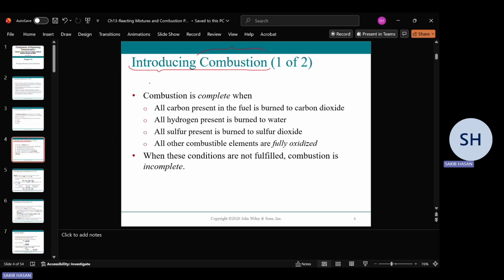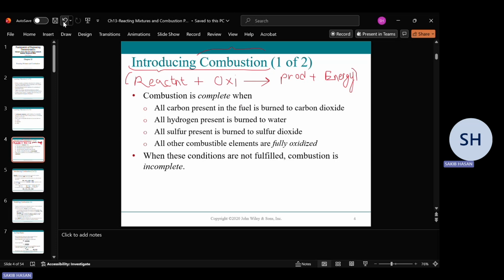Combustion is any chemical reaction where you have a reactant plus an oxidizer, where both of them react to give you certain combustion products plus an enormous amount of energy. So any reaction that looks like this is what we would call a combustion reaction.